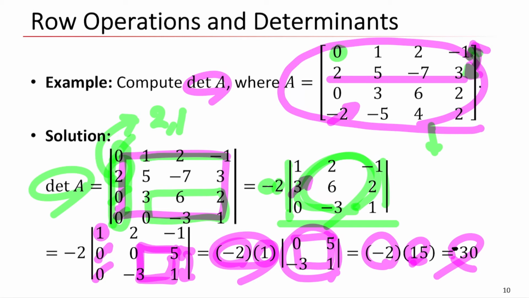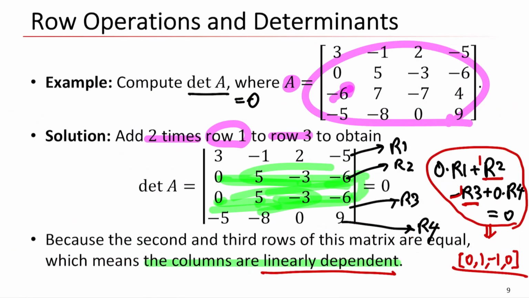From here we can think of several things. First of all, we can apply the row reduction algorithm directly from here, then estimate the determinant.